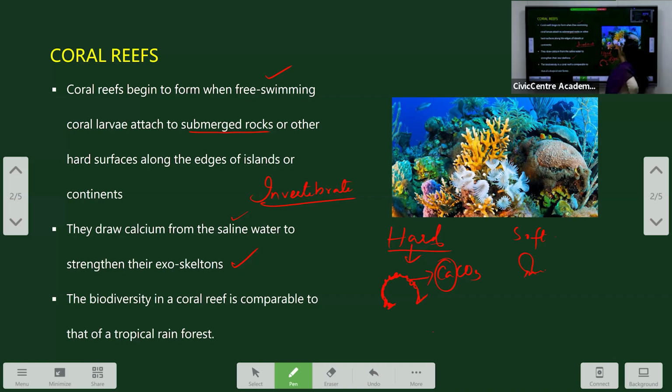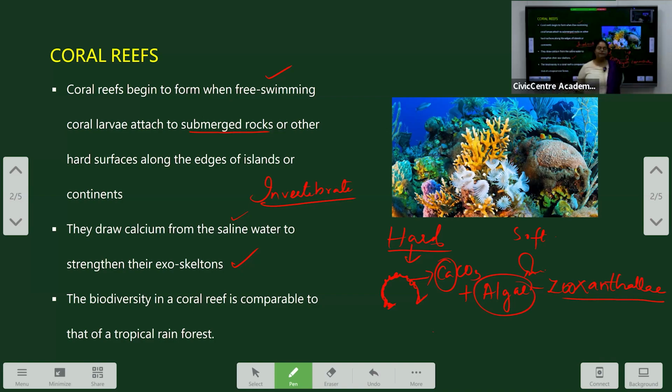Now, these corals live in a symbiotic relationship with algae, which are called zooxanthellae. These algae are the food producing organisms.